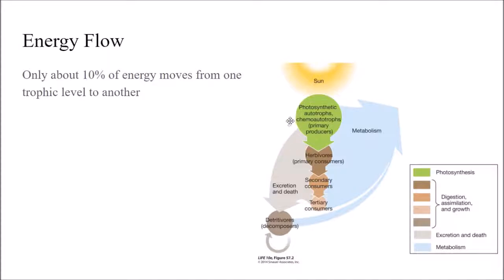But what's really important here is knowing that from one trophic level to another, for instance from a producer to a primary consumer, 10% of the energy actually moves on. The remaining 90% or so is not passed from one trophic level to another.